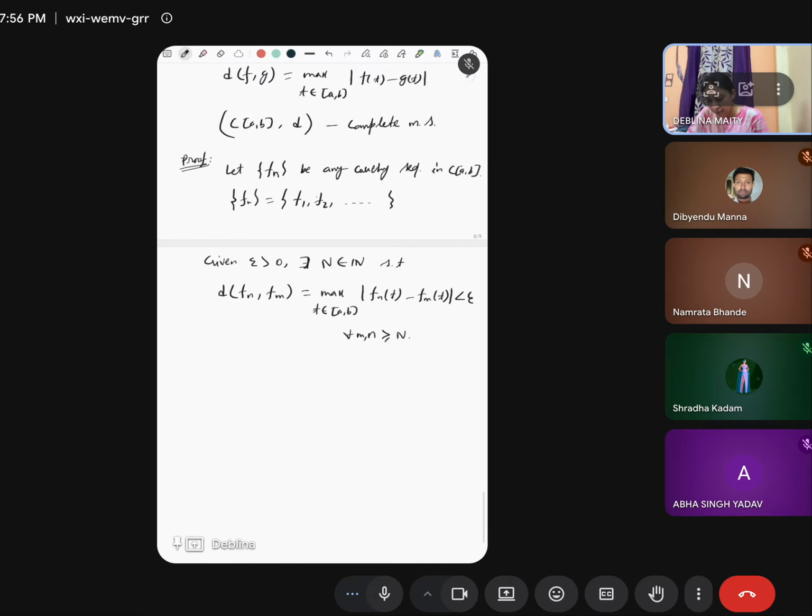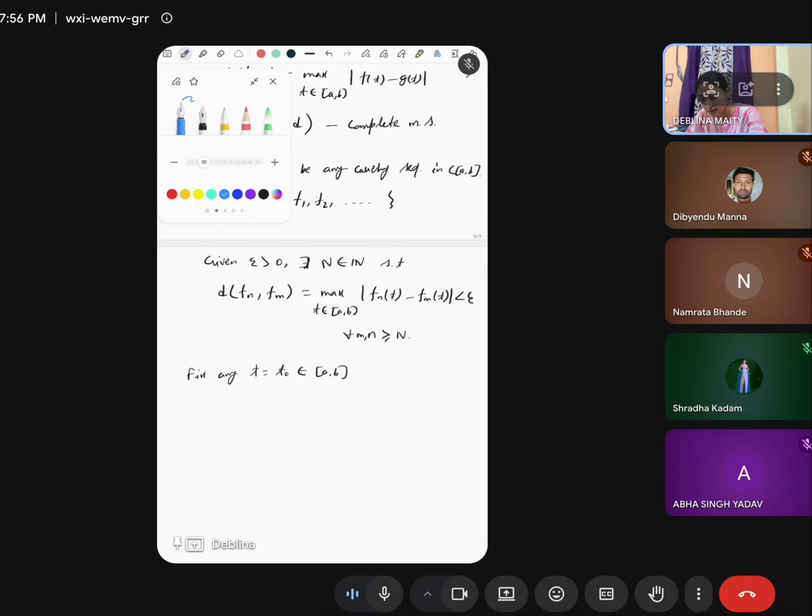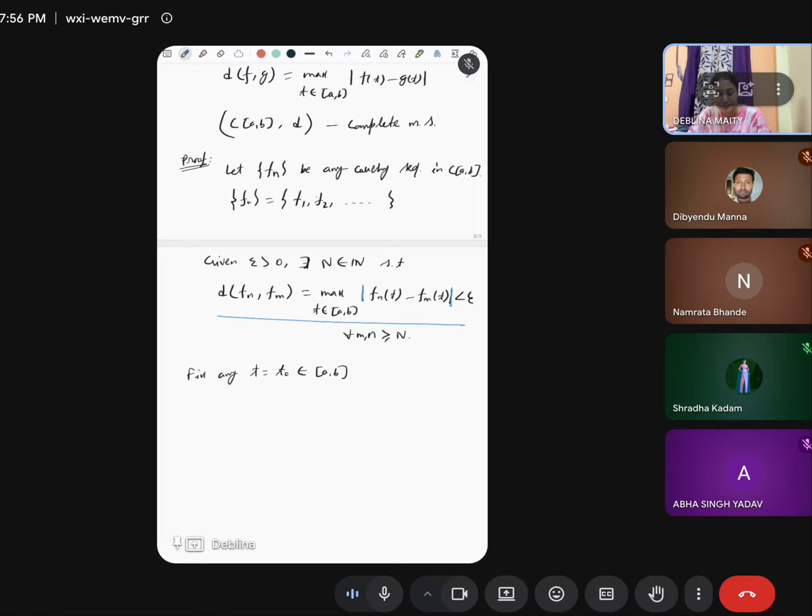Now fix any t equal to t naught belonging to [a,b]. The maximum of this modulus is less than epsilon, so each value is less than epsilon. For each t, this value will be less than epsilon.